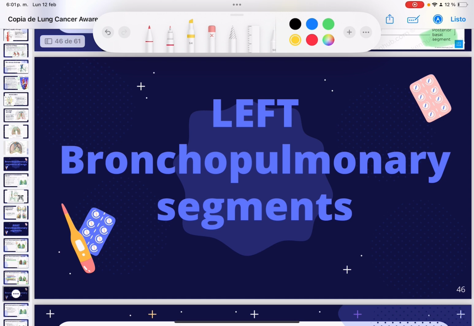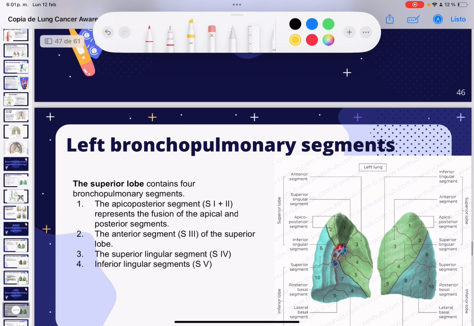Left bronchopulmonary segments. In the superior lobe, we will have 4 pulmonary segments: apico-posterior segment, anterior segment, superior lingular segment, and inferior lingular segment. We will see that the apico-posterior segment is fused from S1 and S2.